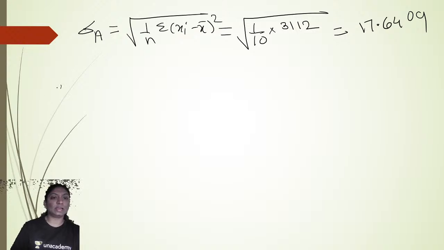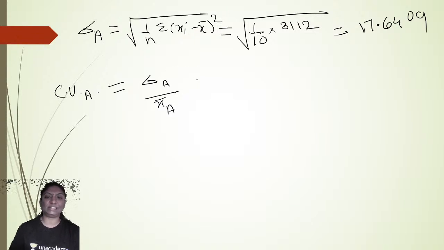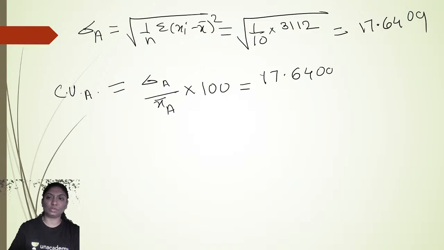तो हम लोग निकालेंगे coefficient of variation for batsman A is equal to sigma A by x bar A, it means mean for the batsman A, into 100. Okay, sigma A आ गया 17.6409 upon x bar A क्या आ गया 48, into 100.